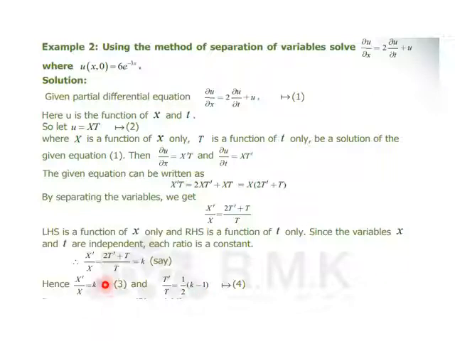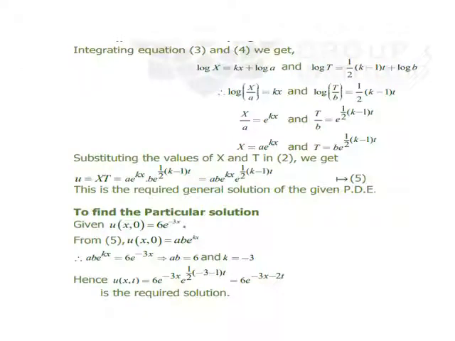So this is my X dash by X, which when I integrate will give me log X, and this T dash by T will give me log T. The other ones are only constants, so when we integrate, this is how we have it: k x here, and here k minus 1 by 2 into t, plus an integrating constant, combining all the logs together.